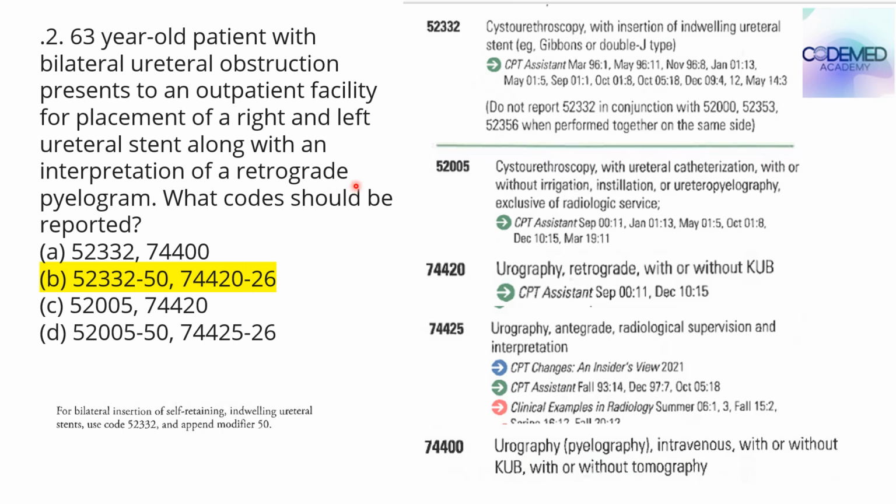Is it taken retrograde? If you check code 74420, it is a retrograde urography, and if I check 74400, it is a urography, intravenous, with or without KUB, with or without tomography. We are looking for the word retrograde. Retrograde is against the direction of the urine flow whenever you are carrying out the pyelogram.